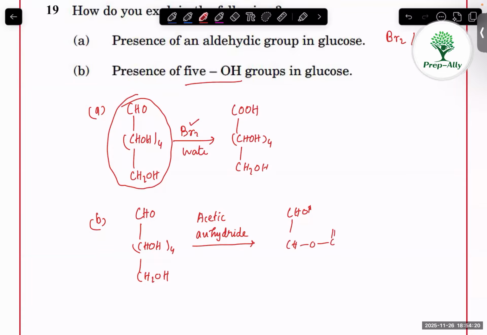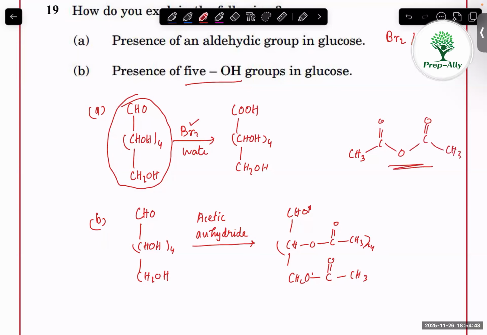CHO, C double bond O, CH3 and CH2. This will be four times because 4 OH groups are there. This will also form C double bond O, CH3. In case those who don't know acetic anhydride, it is C double bond O, C double bond O, CH3.